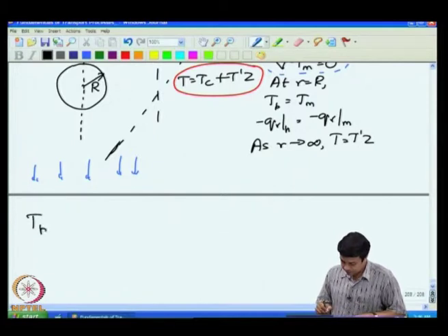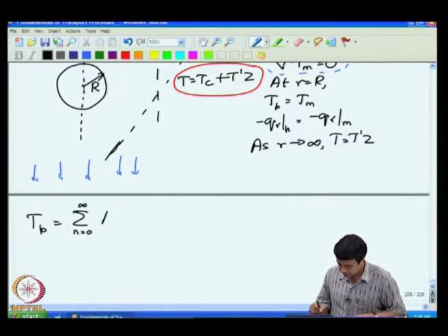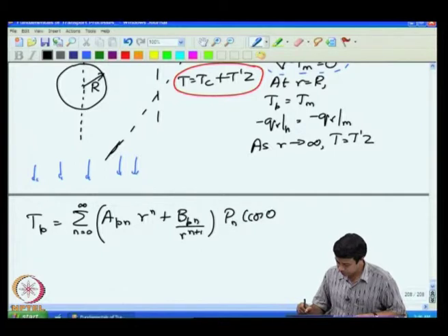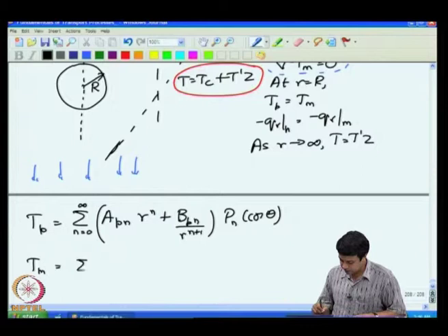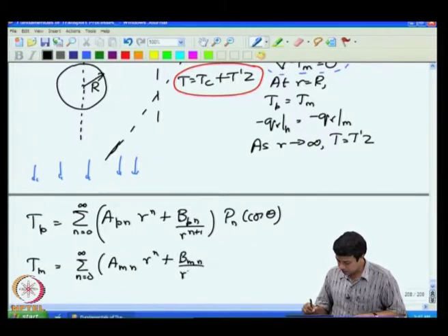For the particle, I will have solutions for m is equal to 0, and n goes from 0 to infinity, of a particle n r power n plus b particle n by r power n plus 1 times P n of cos theta, and T matrix is equal to the summation of a matrix n r power n plus b matrix n by r power n plus 1 times P n of cos theta.